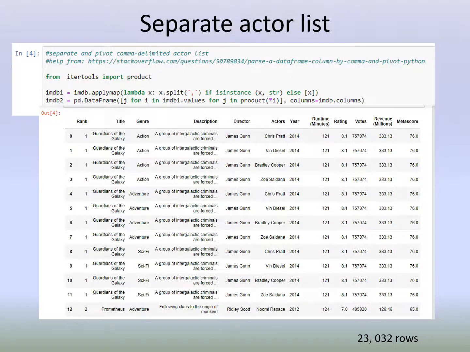So we're using a pivot table, making the table longer. Before we had 1,000 rows, now we have 23,000 rows, and we can see each row only has one actor. But we have a lot of duplicate titles in that column.